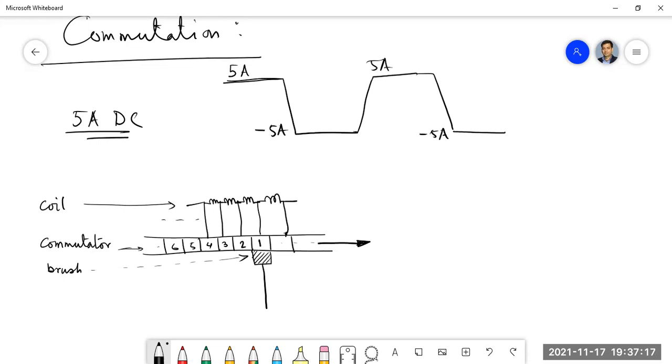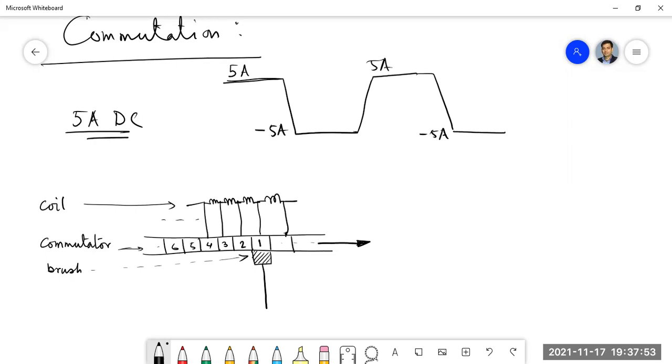Now, with respect to that, brush will move in which direction? If we are sitting at the commutator, then what will we see? The brush is moving from right to left, as the commutator is moving left to right. If we sit on the commutator, we'll see that the brush is basically moving from right to left.